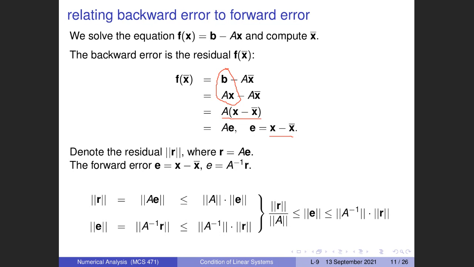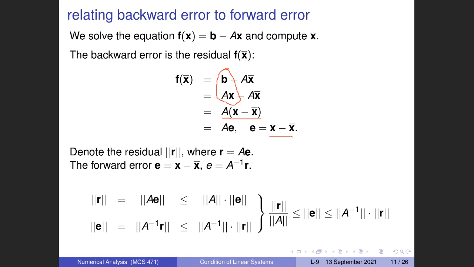Now, what is in the way here? What is in the way is the matrix A. You can already see that the size of the matrix plays an important role. Because we will take norms of everything, when we have a matrix with a small norm, our residual will also be an estimate for the forward error.